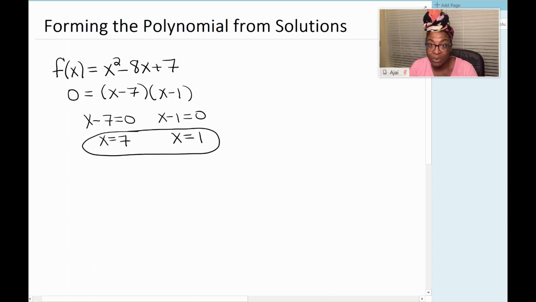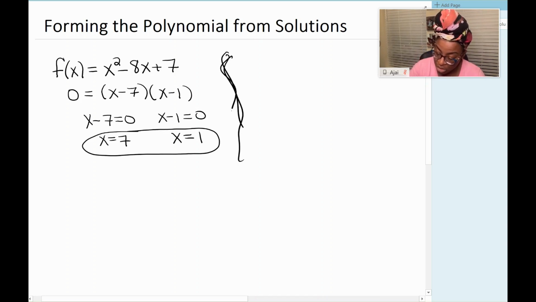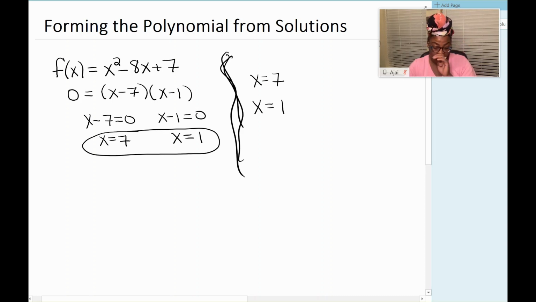Now we're going backwards, right? Let's say the situation was that they gave you x is equal to 7 and x is equal to 1, could you form the polynomial that it came from?